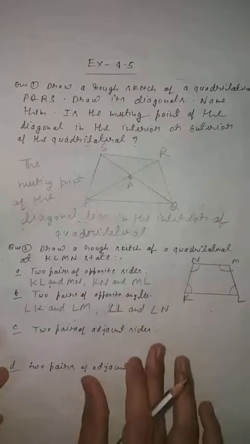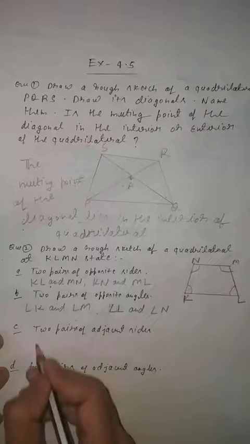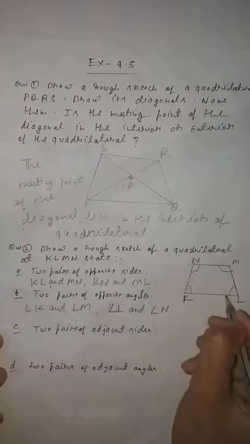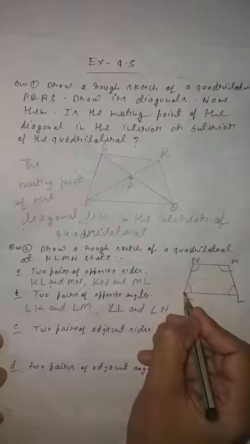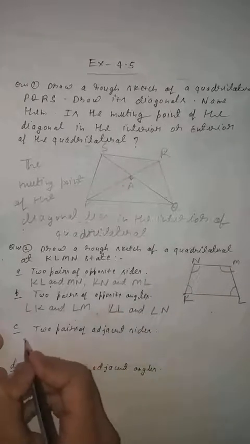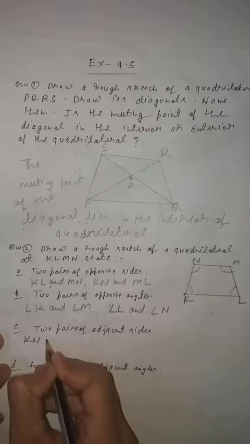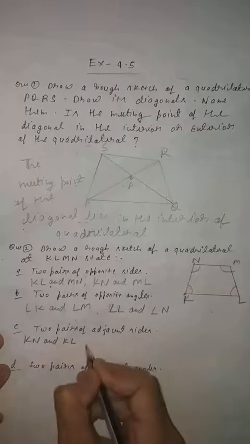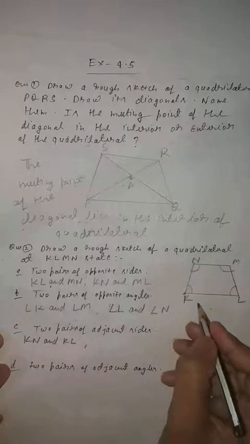Next, two pairs of adjacent sides. Adjacent sides means having a common vertex. For example, if you see KN and KL, they have common vertex K. Clear, students? So you can write down KN and KL. What else can you write down?